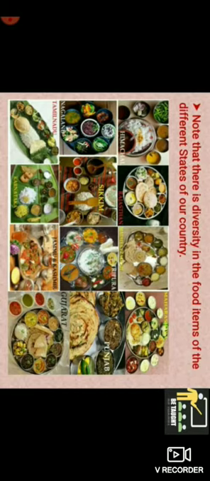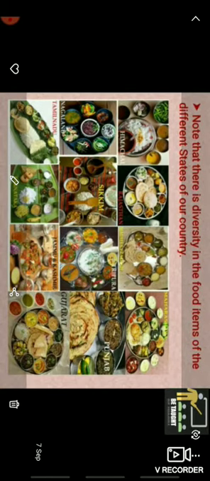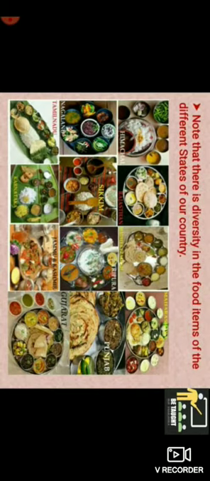In our Maharashtra, rice and fish curry is a famous dish. As compared to us, in a different state, maybe in Gujarat, there is a famous dhokla or dal bati. If we go to Tamil Nadu, there will be a different diversity in the food. So here are some pictures which can be observed over here.